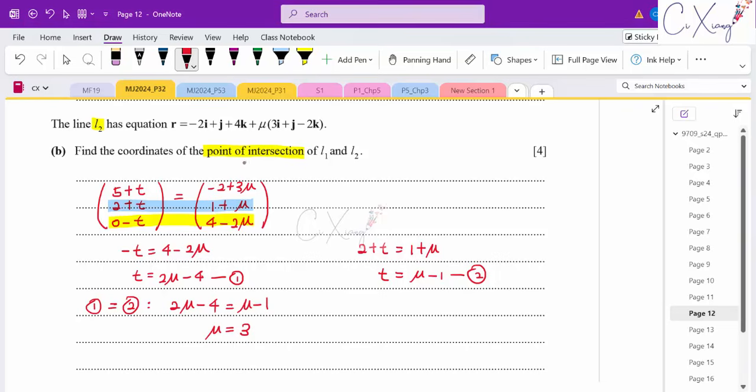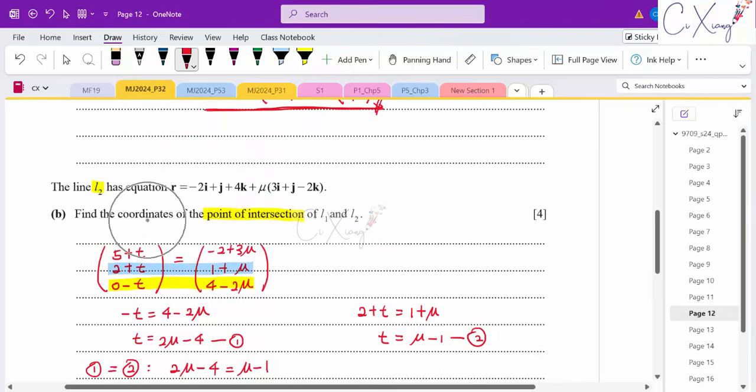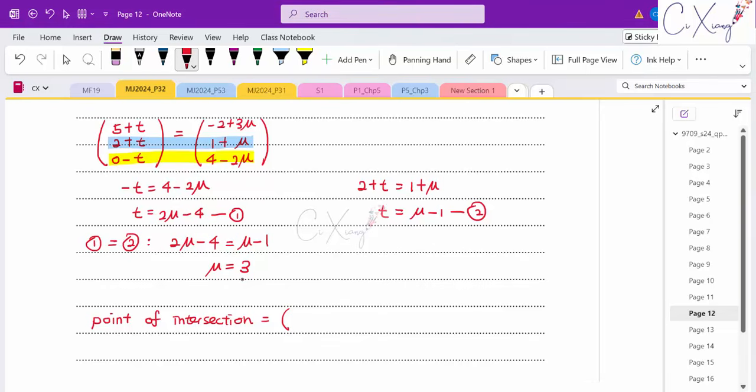To find the coordinates of the point of intersection, I just need to substitute the value of mu back into equation number 2. The answer that you get is basically the position vector of the intersection point. Because they're asking for the coordinates, I will put it in geometric coordinate form. So negative 2 plus 3 mu means negative 2 plus 3 times 3, which is my x coordinate.